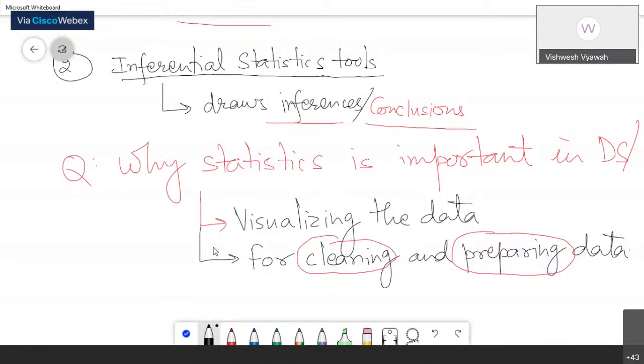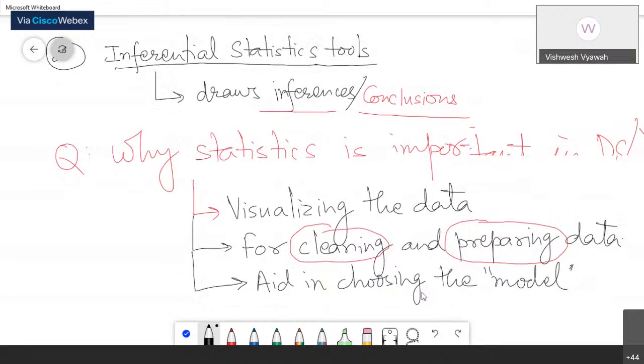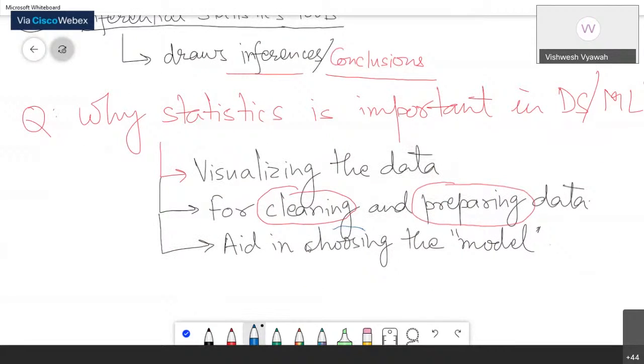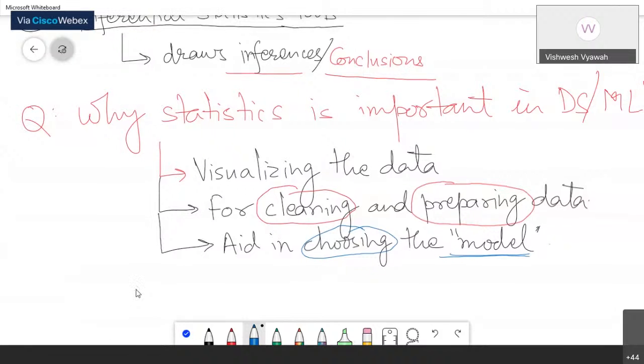And the last but not the least thing is these statistical methods aid in choosing the model. This is very important. If you know what the data is, these things can help you in choosing the model that your machine learning application or data science application might want to use. So these are some of the motivations, a good motivation for statistics being important. Fine. Next we move ahead.